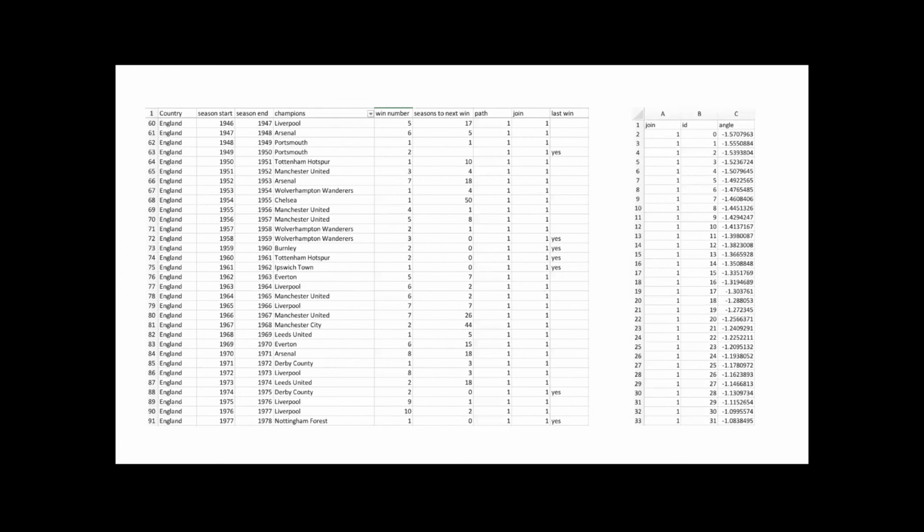And the file on the right is something that I do whenever I need curves. I can't quite get data densification to work in Tableau a lot of the time. It's actually quite tricky. But what is very easy is to bring in just 200 rows, or however many rows you want, of ID and angle. And these angles are just calculated increments in radians from pi to minus pi, which is equivalent of 180 to minus 180.